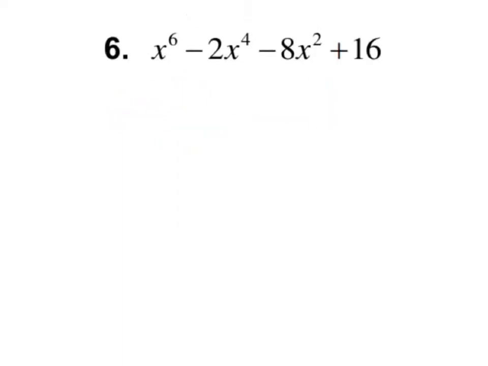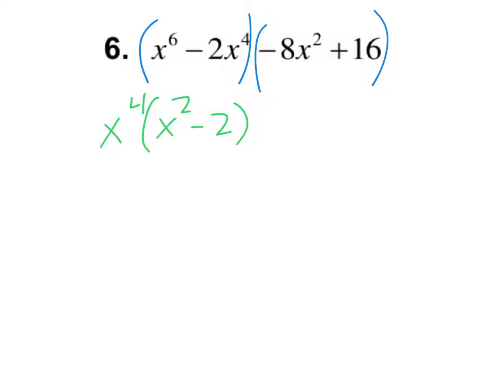Okay, first I look, is there a GCF? There is not. There are 4 terms, so I'm automatically going to try grouping. So I'm going to group the first 2 terms and the last 2 terms. Very good. The first 2 have an x to the 4th in common. That leaves us with x squared minus 2. But the last 2 have a GCF of negative 8.